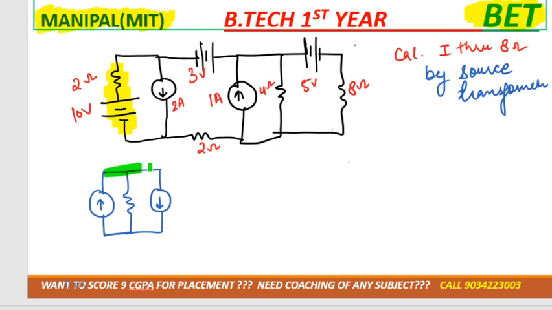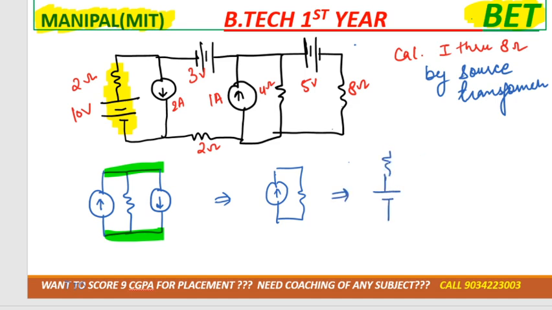Now as you can see, these two current sources are in opposite direction, correct? So resolve it, then the current source will be in a single direction like this, and after that convert it into the voltage source. Okay, after converting into the voltage source, you can connect it with the 3 volt, and downside you can connect it with the 2 ohm, right?